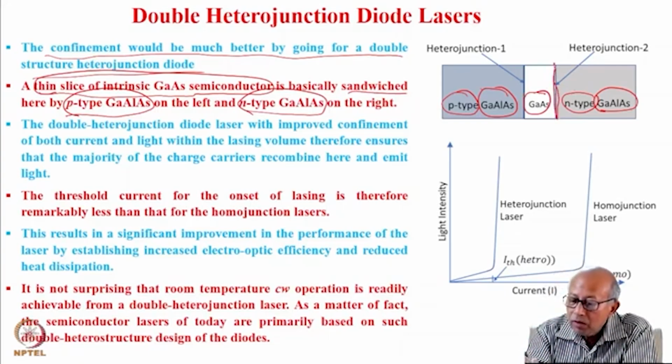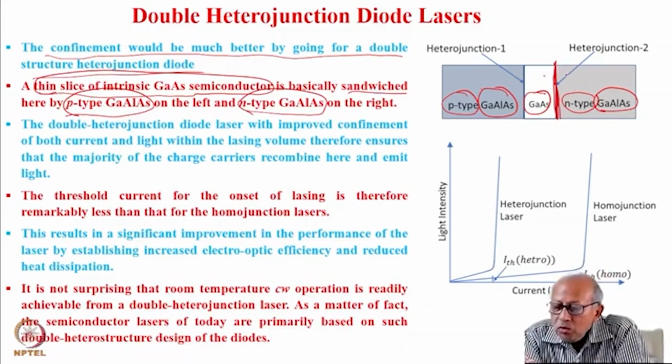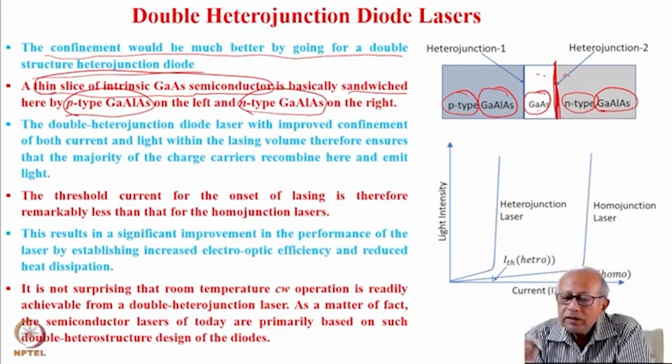This is one heterojunction because the two sides are two different semiconductors. This side is gallium arsenide and this side is gallium aluminum arsenide. And similarly, this is another heterojunction, because this side is gallium arsenide and this side is gallium aluminum arsenide.